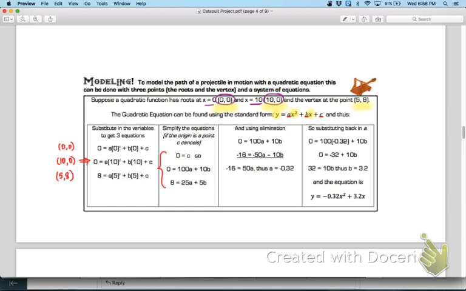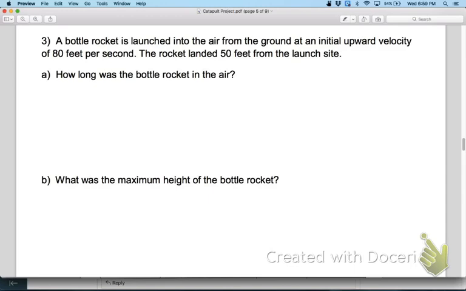Okay, and so by using elimination and substitution, which we'll walk through together, this is all stuff that we did back in chapter 5. By doing that, we can solve for the values of a, b, and c, and that allows us to come up with this equation here. So that's going to be the extra little piece that we're adding into this last set of problems that we look at. So let's look at example 3.